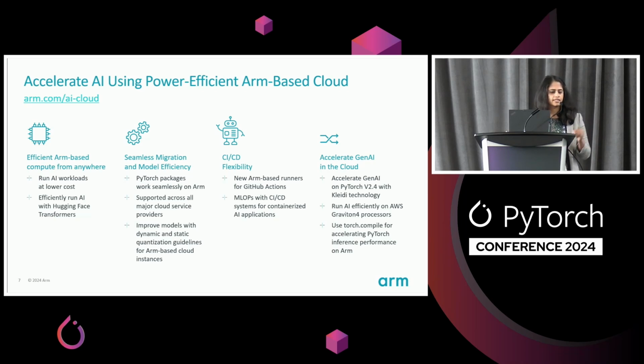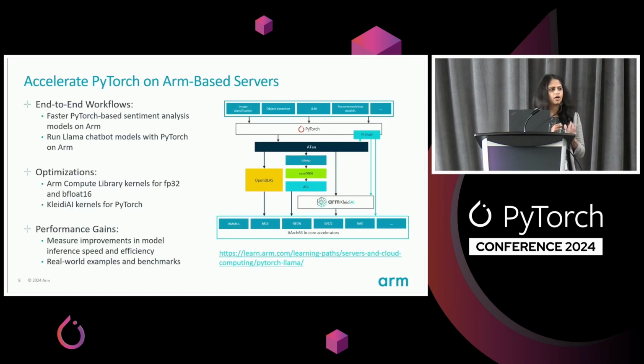Now we're further accelerating running PyTorch and AI inference with PyTorch in the cloud by integrating Kleidi, the kernels that I just spoke about. So, let's imagine you're running a use case, whether it's classical ML like object detection or image classification, or you're running an LLM.